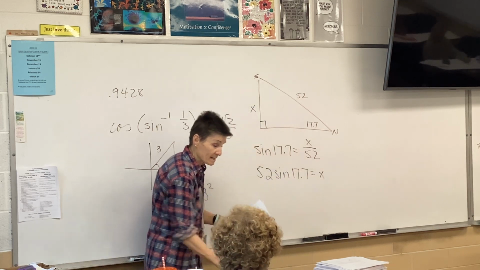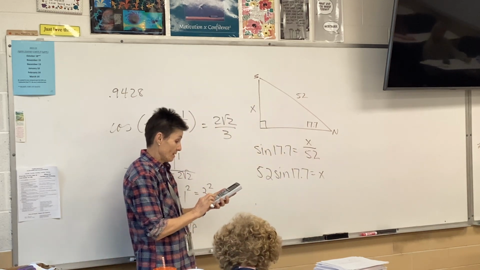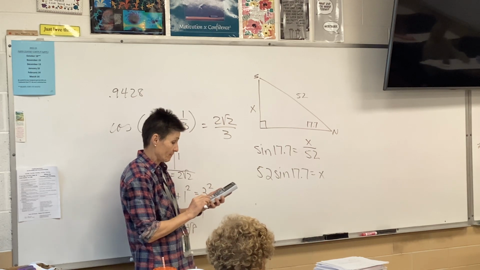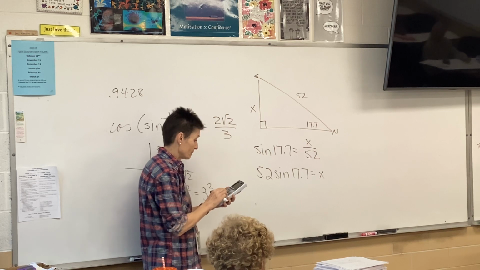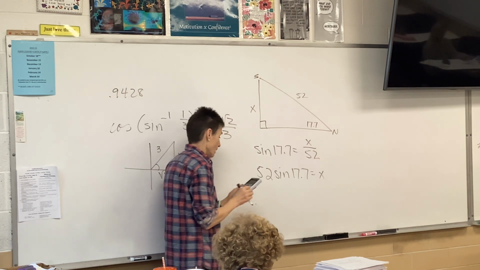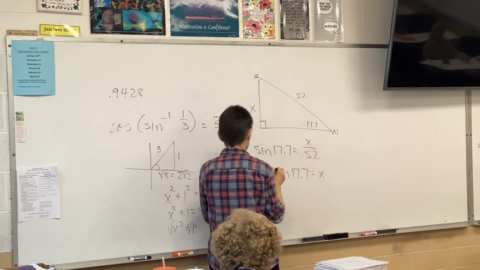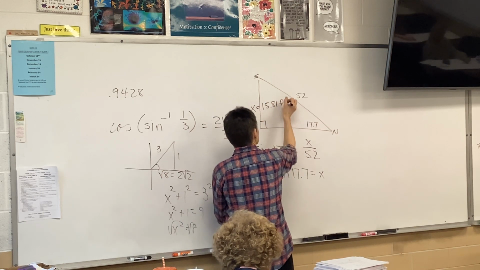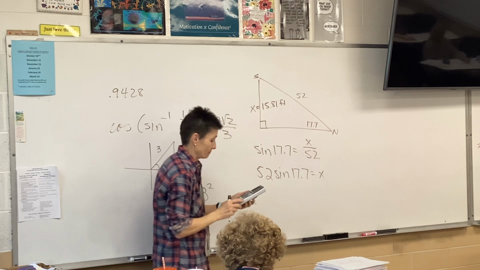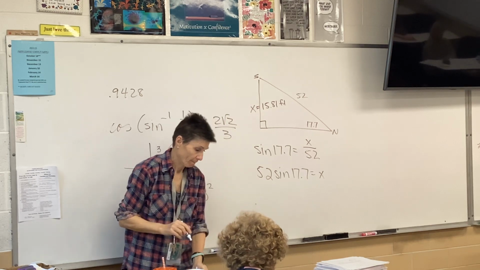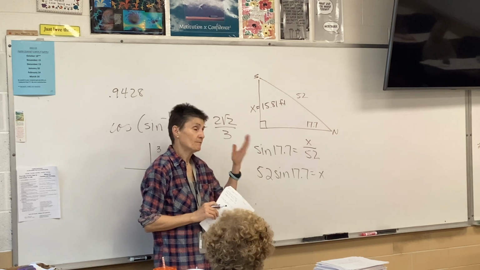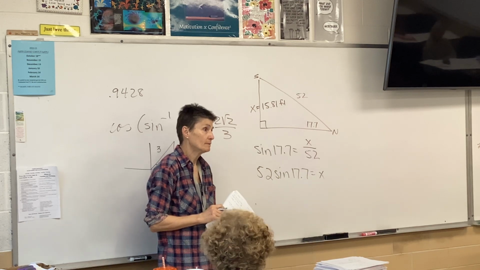And that will be the answer to the question: 52 sine 17.7. Did you get 15.81 feet? You need to ask if you have a question. Are we good on that? Everybody get all that?